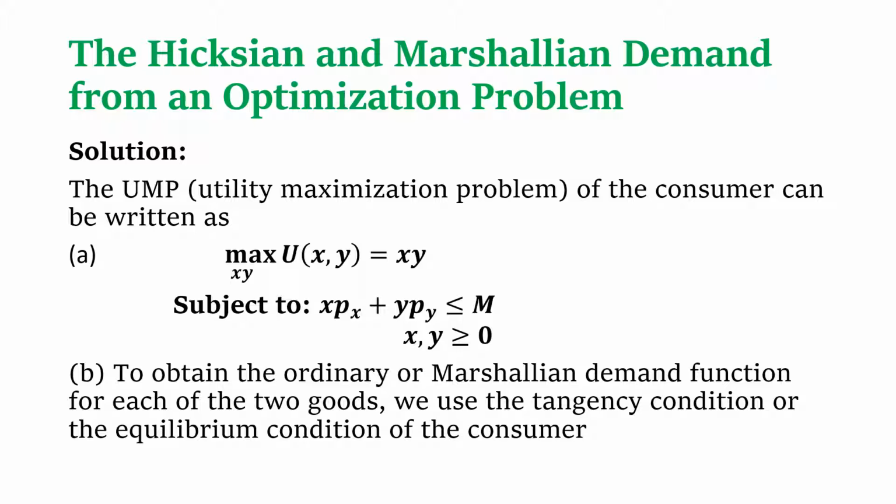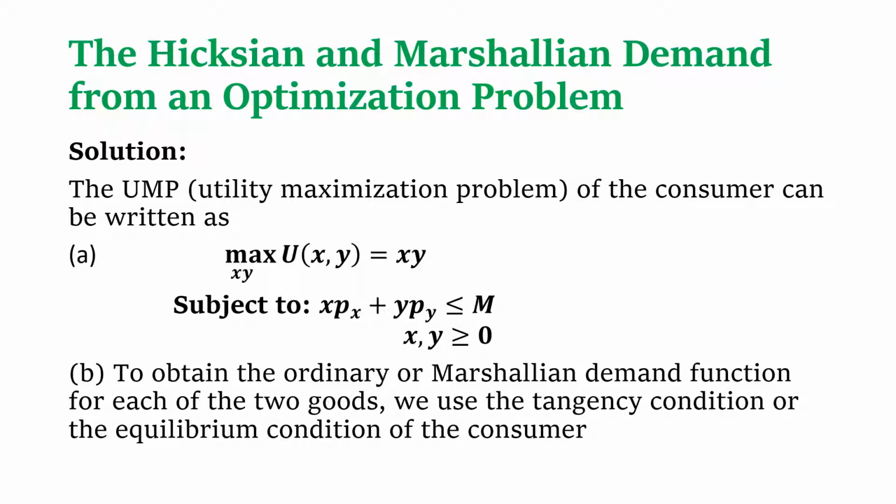Okay, so to obtain this one, the first thing we need to do, if you use a simple method, is to get the tangency condition, or the equilibrium condition of the consumer. We all know what that one is, right? We say the marginal rate of substitution of x for y is equal to the ratio of the relative prices.